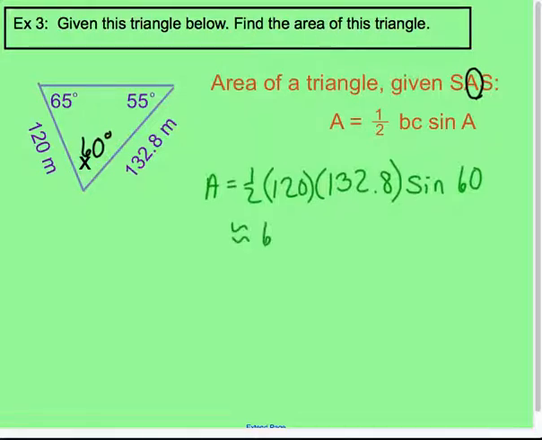So our area is about 6,900.490 square meters. So make sure you're labeling your answer anytime that you have units that you're given.